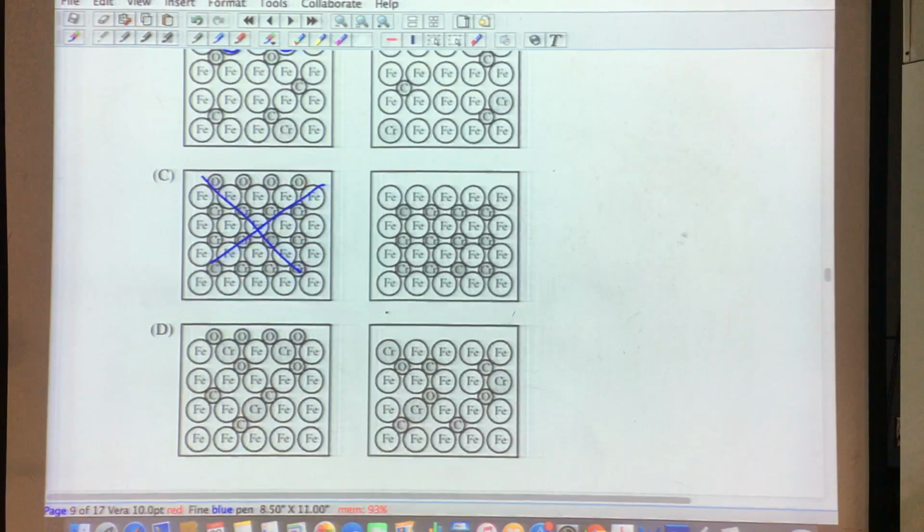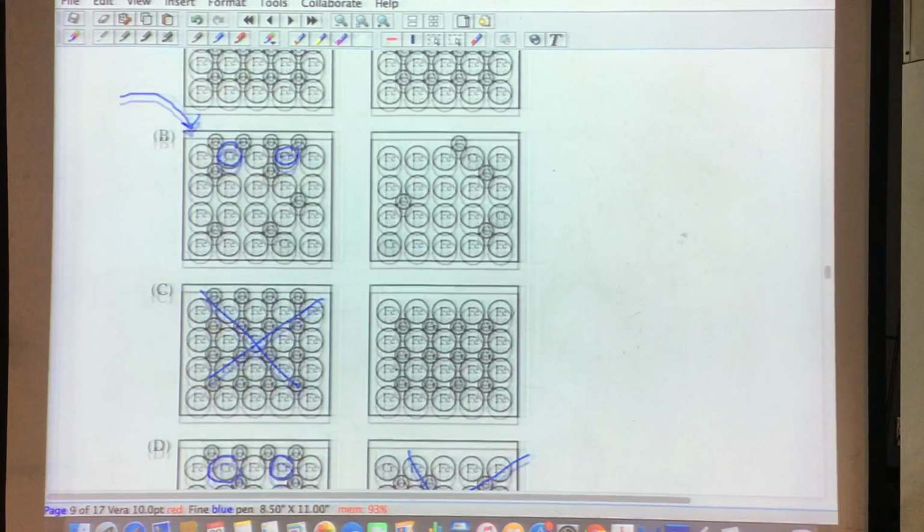So if you look at where else we have a nice possible answer, D, here's chromiums, and here's the oxide layer, and that's a possibility, but you notice on the inside, we're seeing oxides. So if you see the inside layer having oxides, that makes no sense because the oxygen can't get inside the metal. So C and D go bye-bye.